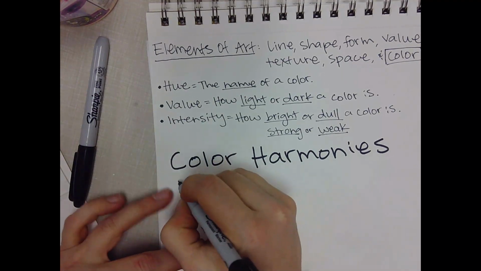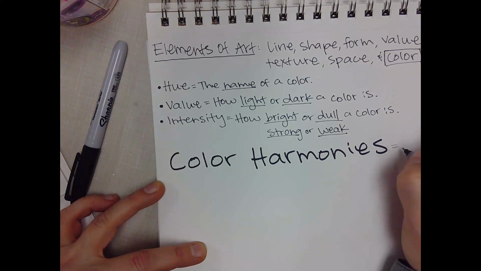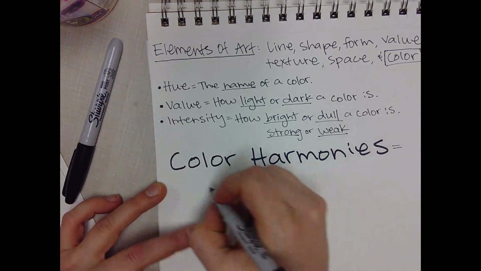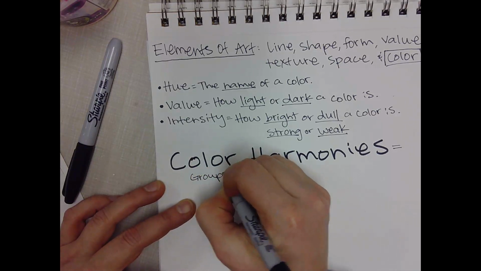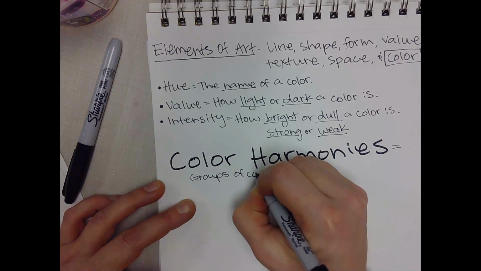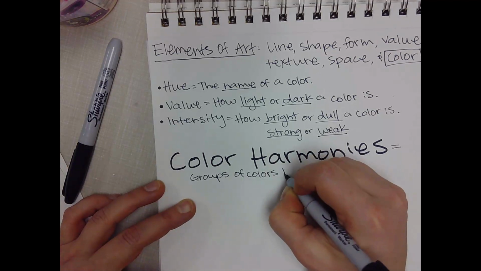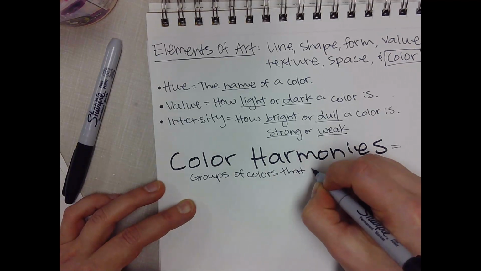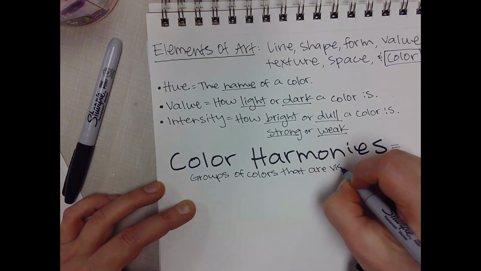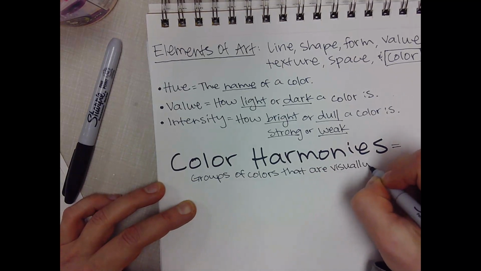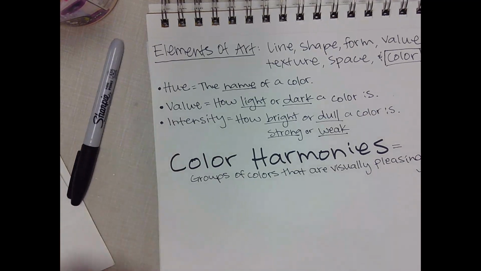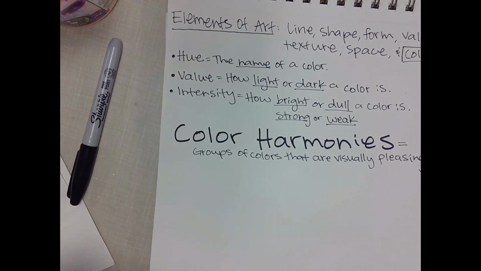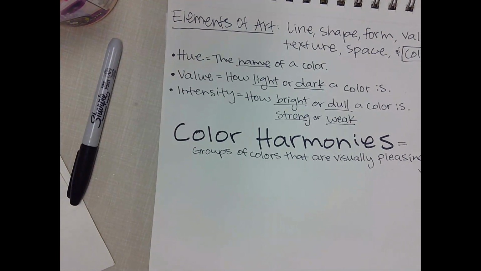So we're going to write the definition here: groups of colors that are visually pleasing. So they are nice to look at. They look good together.